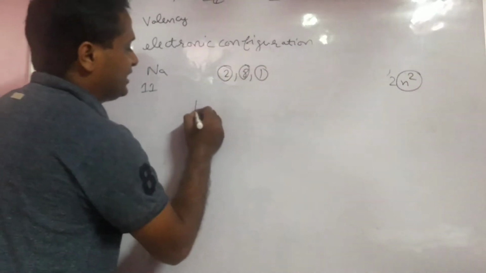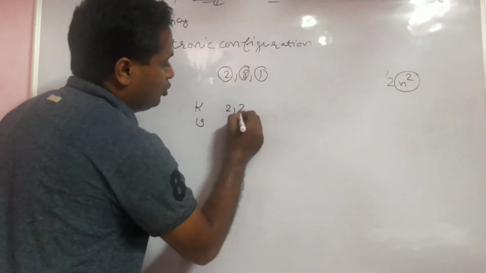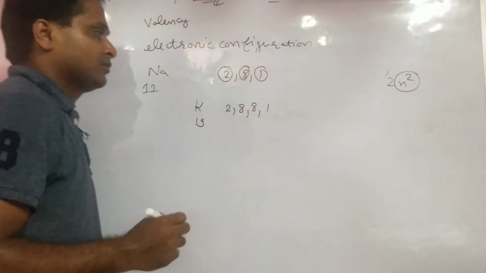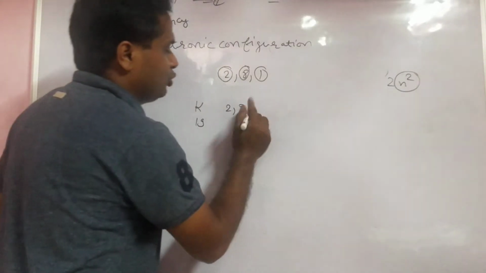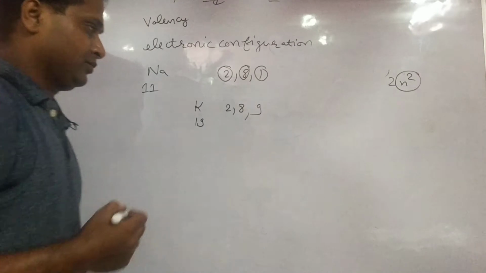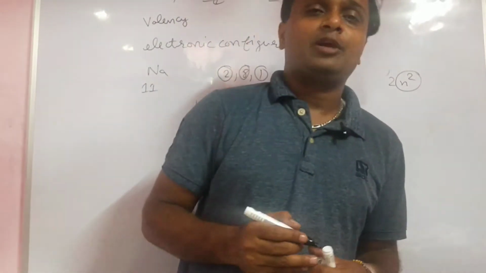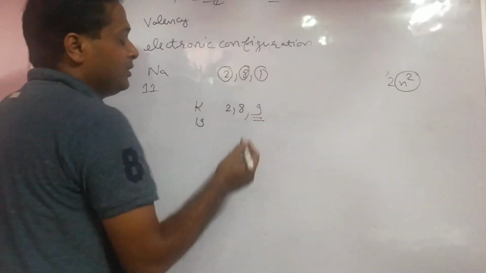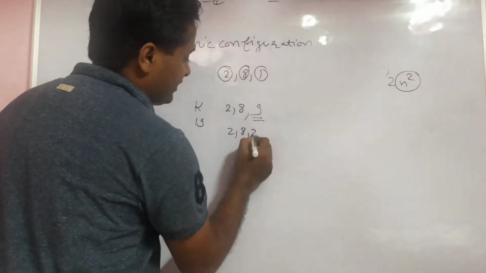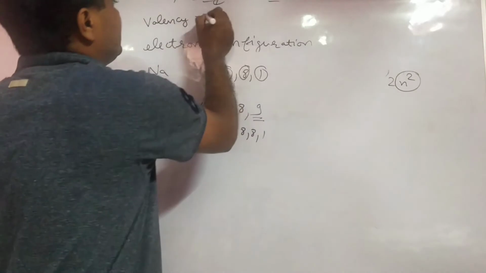For example, potassium 19, 2, 8, 8, 1. Keep in mind, you put there 9, in fact, because in third shell 18 electrons is stable. So 9 will come, but actually you write that way. Why? Because valency is what?